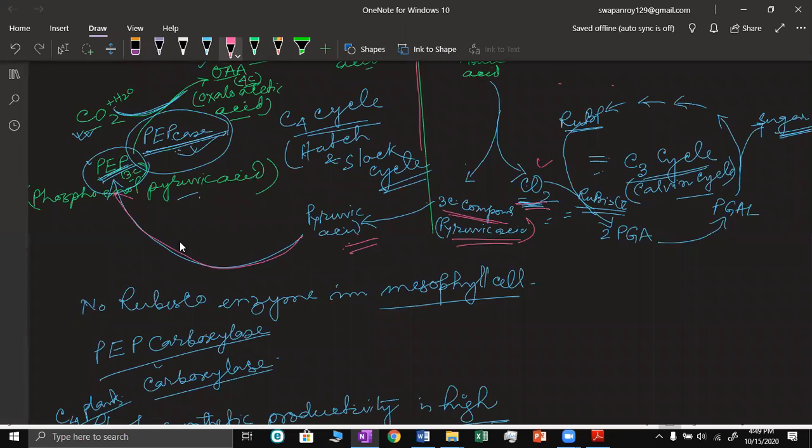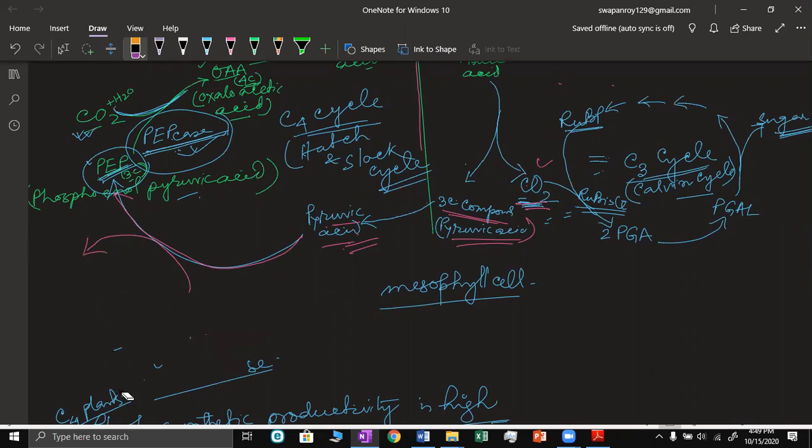During this conversion of pyruvic acid to phosphoenol pyruvic acid, ATP is consumed and AMP is produced.